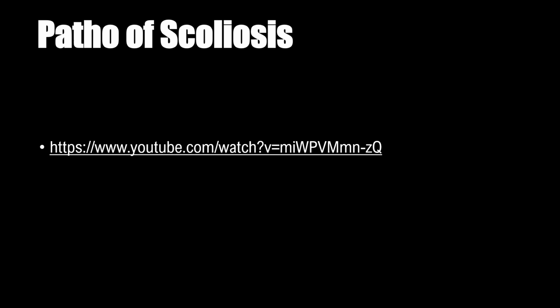What happens is involved vertebrae actually just rotate around the vertebral axis, and that results in the curvature and asymmetry of the shoulders and hips. A lot of times, if scoliosis is very severe, the patient can have respiratory and cardiac compromise, because the curvature is so severe.